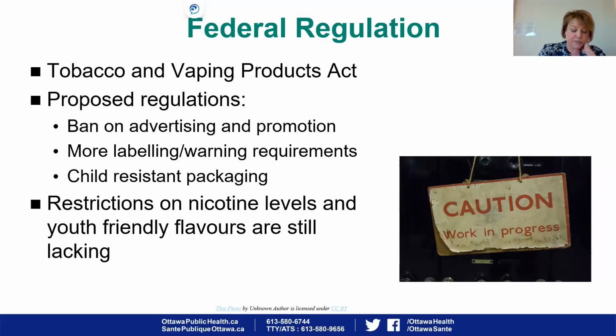In 2019, the federal government introduced new regulations to prohibit the promotion of vaping products anywhere they can be seen or heard by children or youth, and requirements for labeling nicotine concentration, ingredients, and warnings, and child-resistant packaging. Actual enforcement dates for these new regulations are set to begin early to mid-2020. Some regulations, such as concentration of nicotine and flavors, are still expected to be further regulated by the federal government.